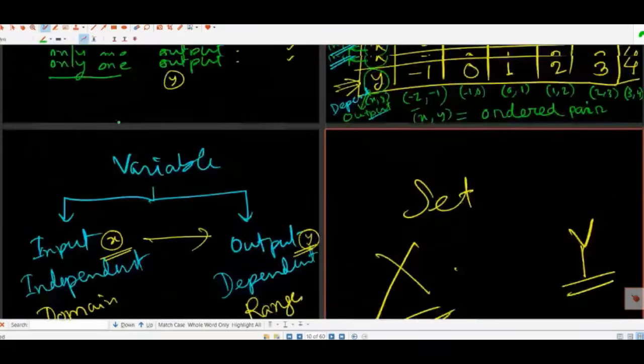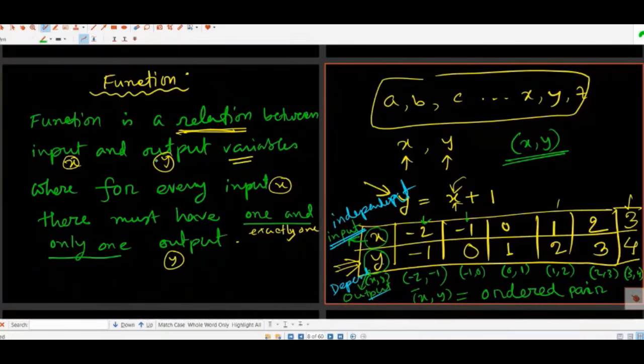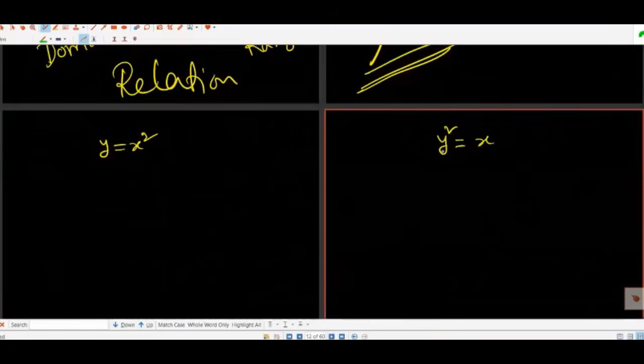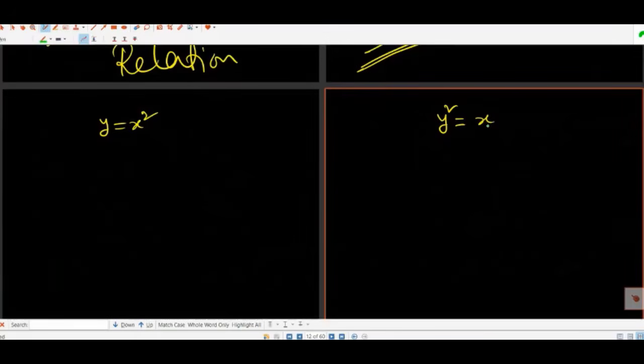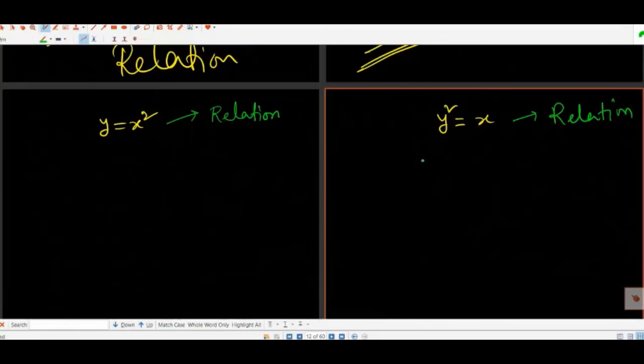Already we have the relation between x and y, between input and output, between independent and dependent variables. So for now, we can easily say that these two are relations. But now our target is whether these two are functions or not.